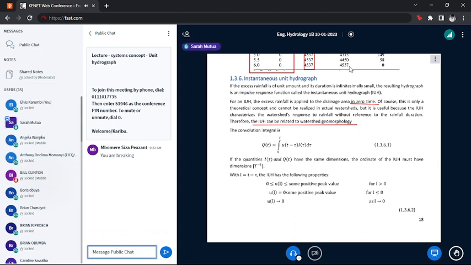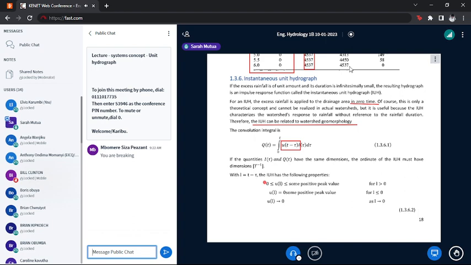Basically, the instantaneous unit hydrograph can be calculated using the convolution integral, where this particular component of this convolution integral is the instantaneous unit hydrograph.